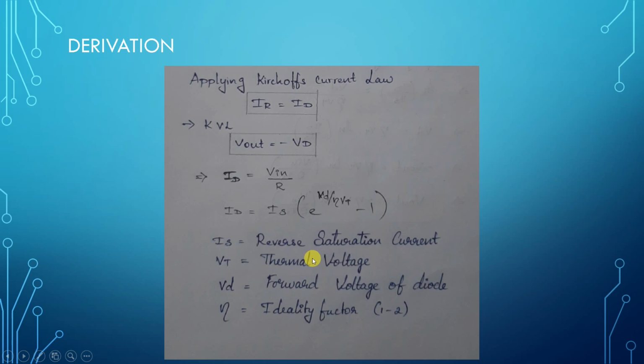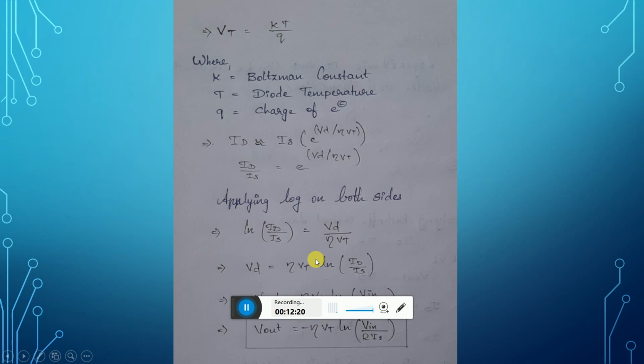And Vt equals kT by q, where k is the Boltzmann constant, T is the temperature of the diode and q is the charge of the electron. After finding this, ID by Is equals e power Vd by eta Vt. Applying log on both sides, we get V out equals minus eta Vt log of V in by R Is, where ID is V in by R and Vd is equal to minus V out. After simplification, we get V out.